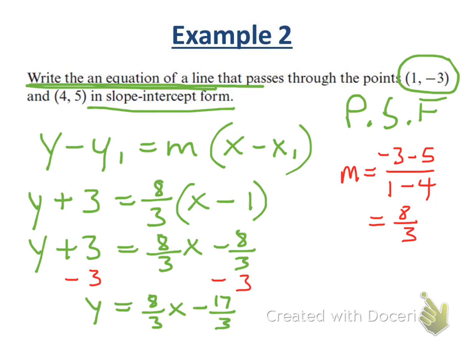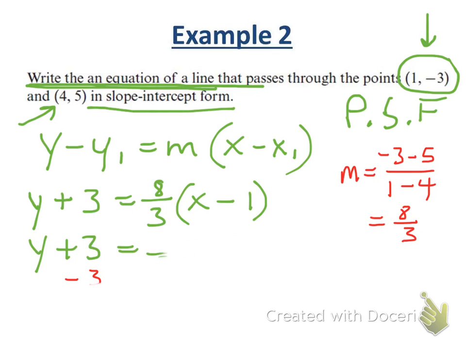Now, what if Caroline chose this point and Charlie chose this point? It should give the same answer, shouldn't it? Because there's only one line that has that slope and that y-intercept. Well, let's go back and test that theory, right? Y minus y1, that's y minus 5 equals 8/3 times x minus 4.